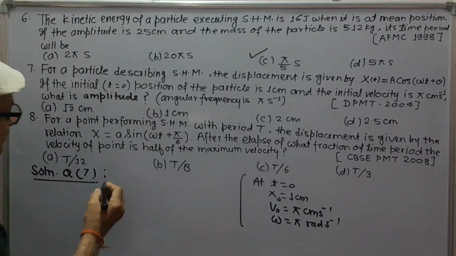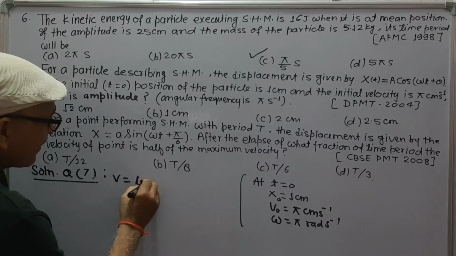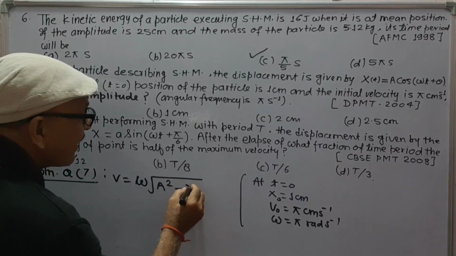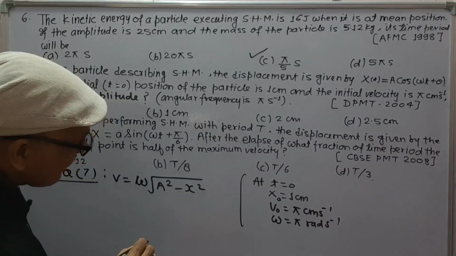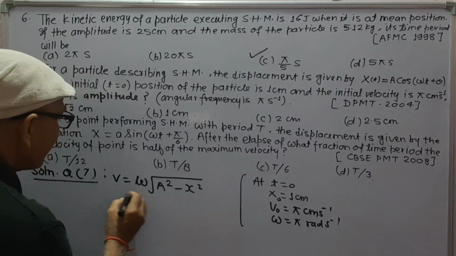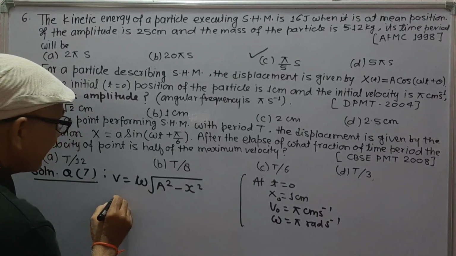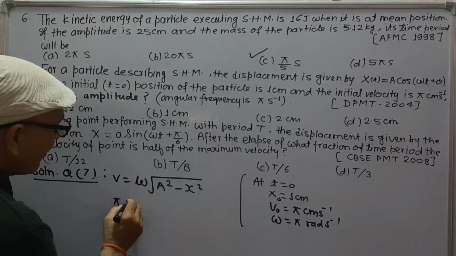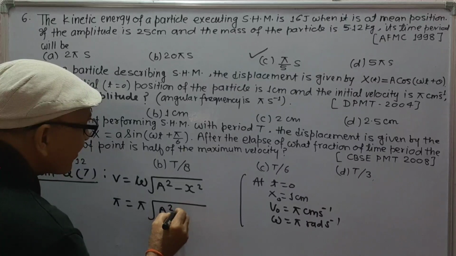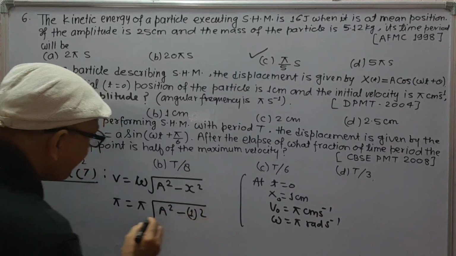We know for simple harmonic motion, v is equal to omega times under root a square minus x square. Therefore, v is pi, omega is also pi, under root a square minus 1 square.